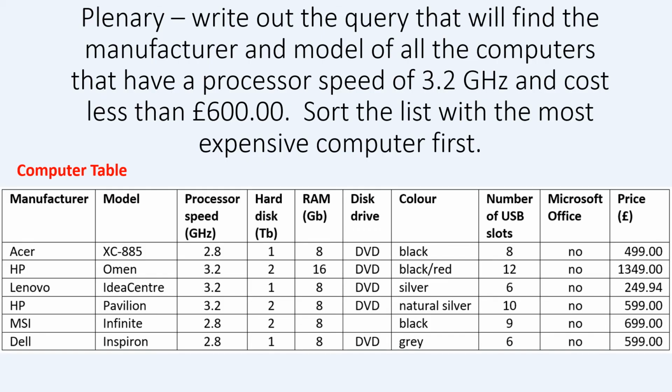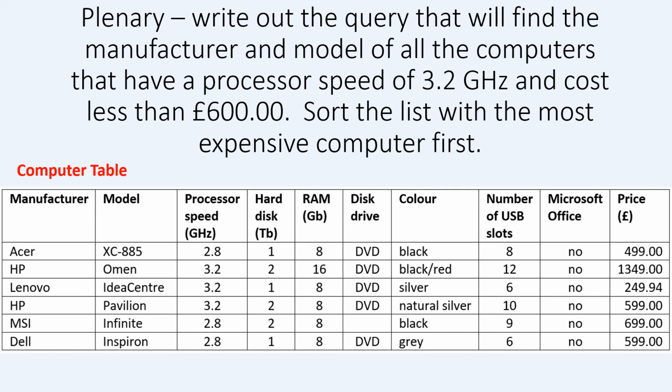So now that you've answered all of the questions in task 18, so you've written all of your manual searches, what I would like you to do is to, again on the same document that you're writing your answers on, write out the query that will find the manufacturer and model of all the computers that have a processor speed of 3.2 GHz and cost less than £600. I also want you to sort the list with the most expensive computer first, and the table that you're going to use to write that manual query is shown in front of you just now.